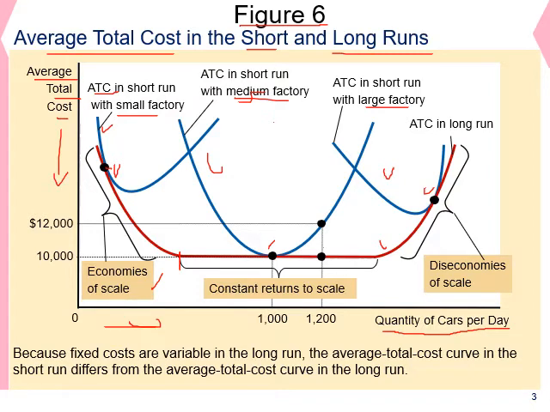Here, this is called constant returns to scale, from this period to that period, meaning that if you increase output, the cost will not change, or stays at 10,000. After this period, as you increase output, total cost also will rise.